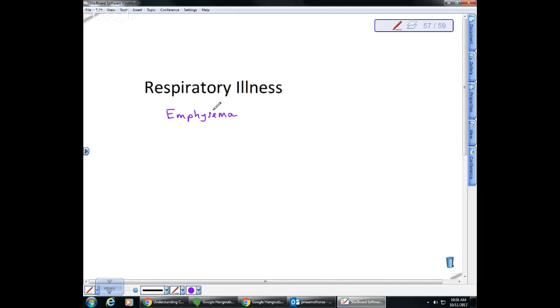And this is where the alveoli enlarge, and there is less surface area. The alveoli also thicken, so I'll put enlarge and thicken. That means the distance over which the gases have to diffuse is greater.